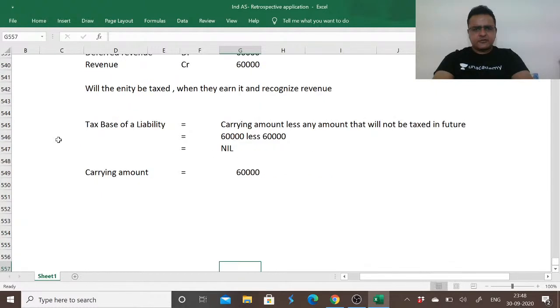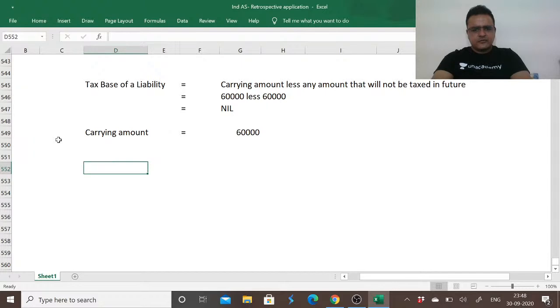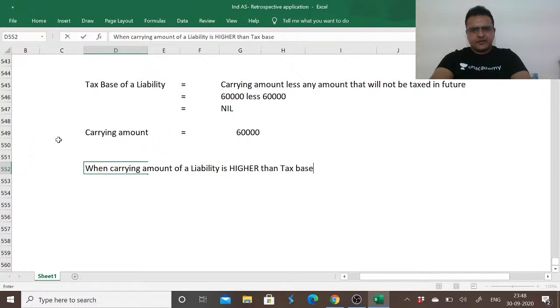So when we compare, when carrying amount of a liability is higher than tax base of a liability, it will give rise to deferred tax assets, that is DTA.